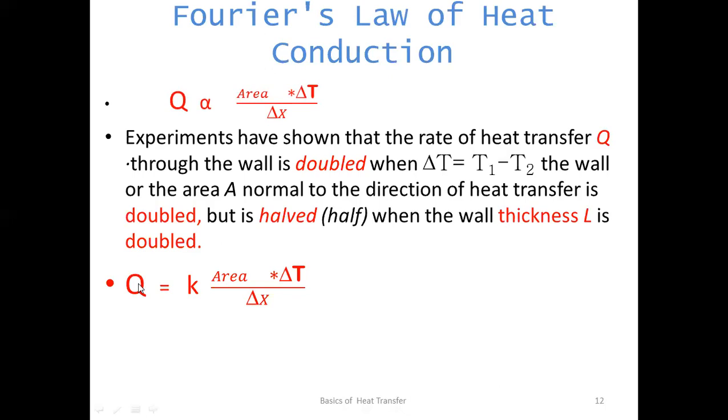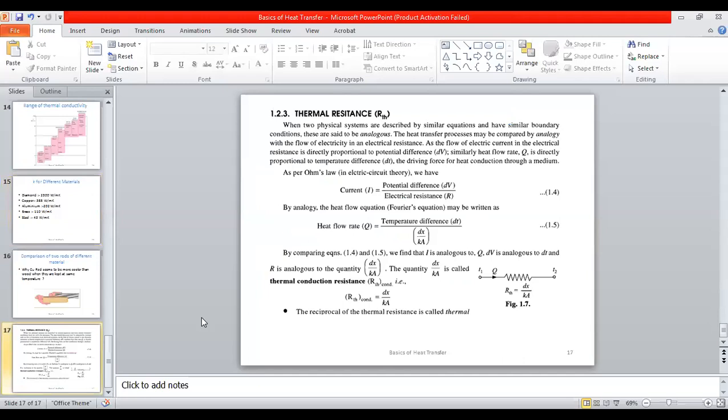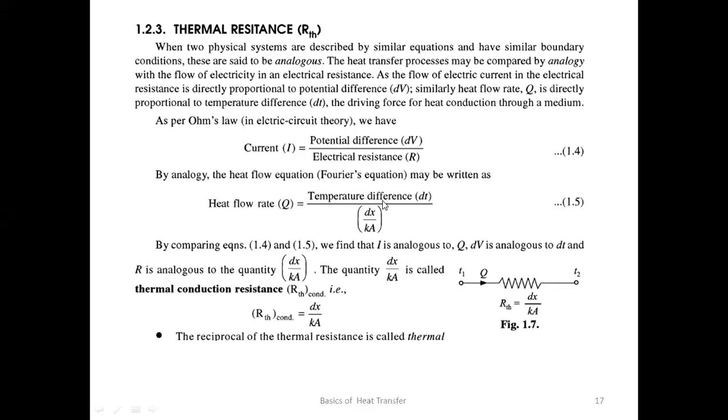Q can also be written as delta T, and you only have to keep delta T in the numerator and shift the rest into the denominator. It will divide delta X. Hence your heat transfer rate Q will be given by delta T, temperature difference, over delta X upon K into A. Okay, K and A will shift to the bottom side.